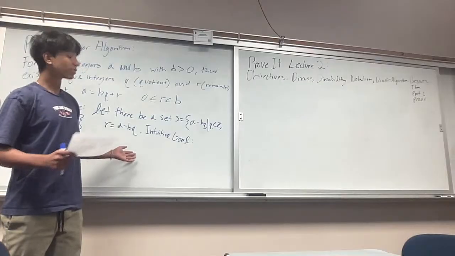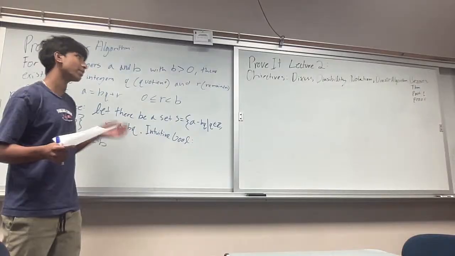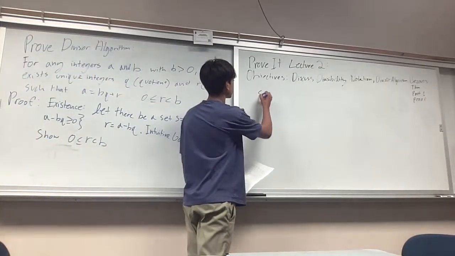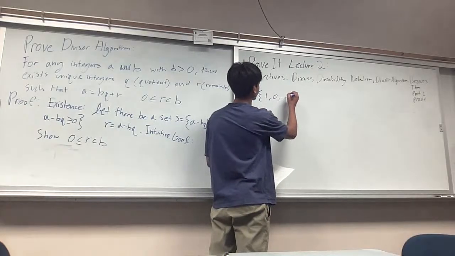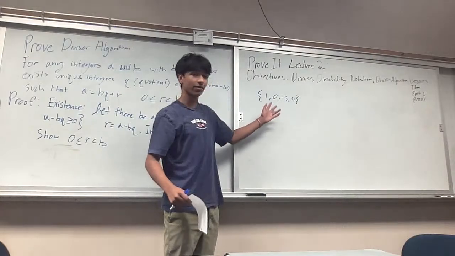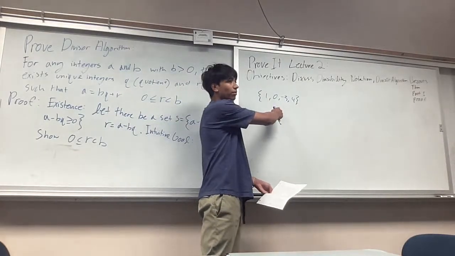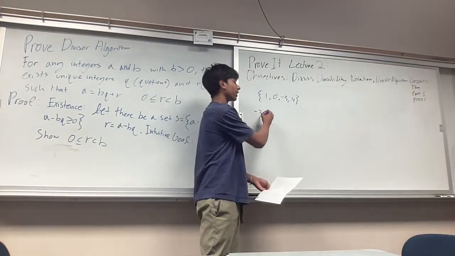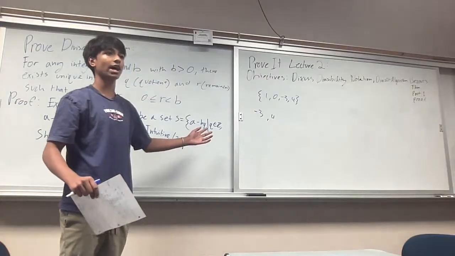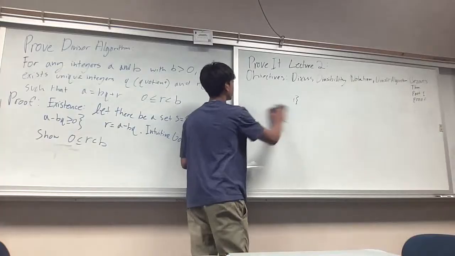Let's say this set has 1, 0, 3, -3, 4, whatever. Each set of integers has a smallest and biggest element. What's the smallest element in this set? -3. What's the biggest? 4. So this set with all of its integers is going to have a biggest and smallest element. So let's define one of these elements.